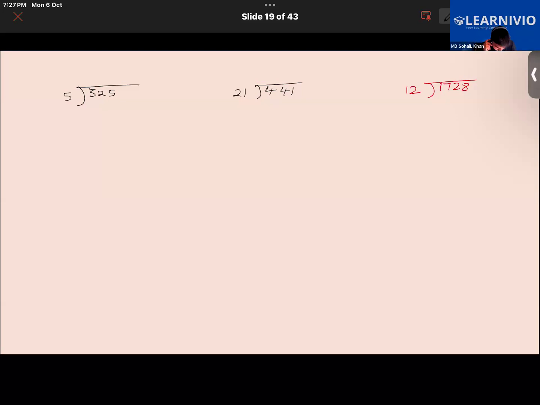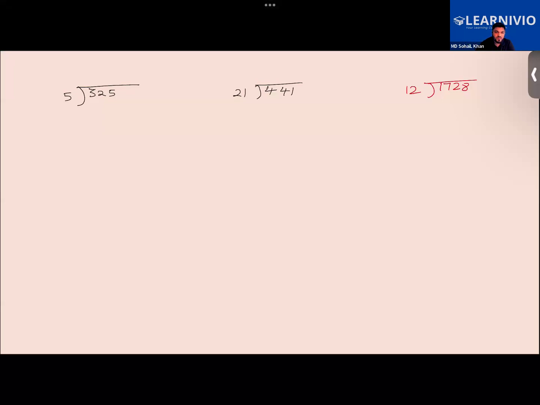Yes, Sai. Done with the first question? 5 sixes are 30. Okay, 30 and the minus 3, so 6.